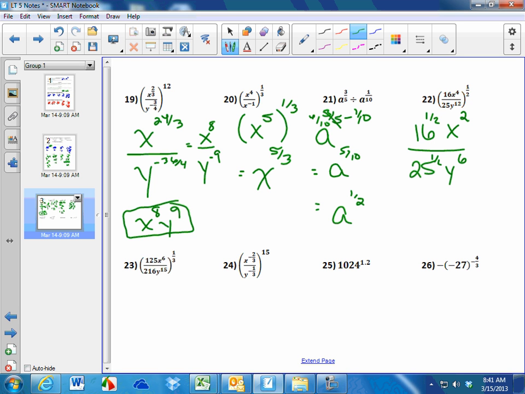And 16 to the 1/2 is basically square root of 16. So we got 4x squared in the top, and 25 to the 1/2 is basically square root of 25. So over 5y to the 6th. Perfect.